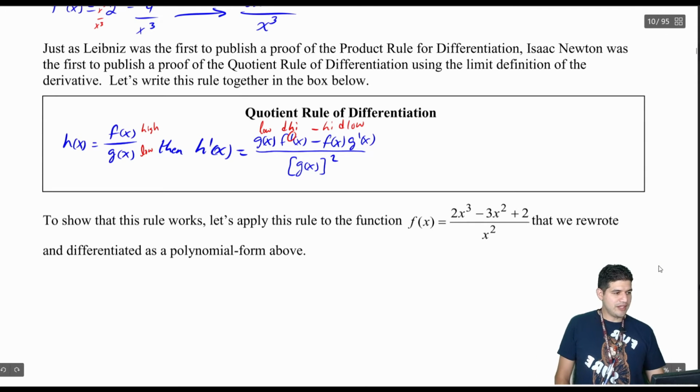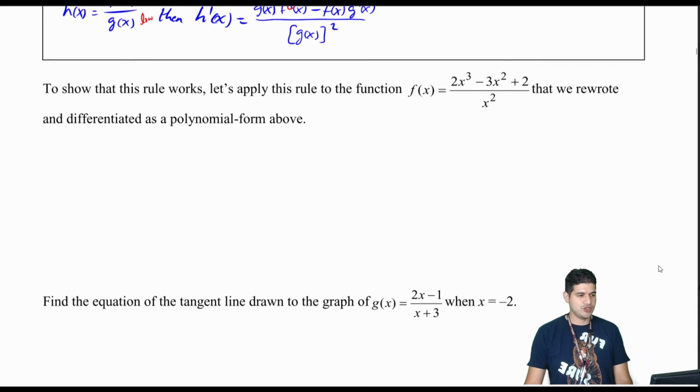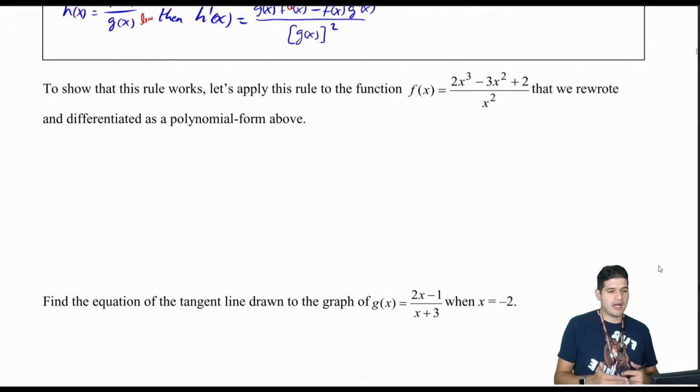All right, and so using that fact here, we want to again do the exact same problem where we wrote it in polynomial form and took the derivative. Let's see if we can get to the same answer here.